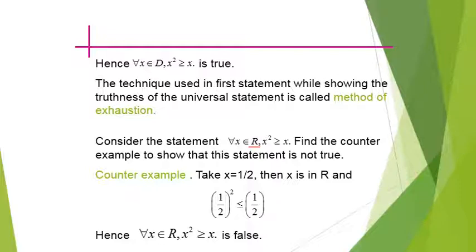So for all x belonging to R, x square is greater than or equal to x is not true. It is false because we have chosen a single value for which this predicate is not true, right? So if we change the domain from D to R, then this universal statement becomes a false statement, right?